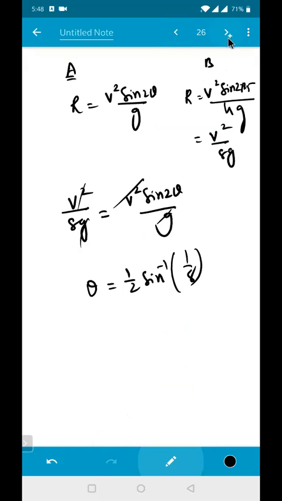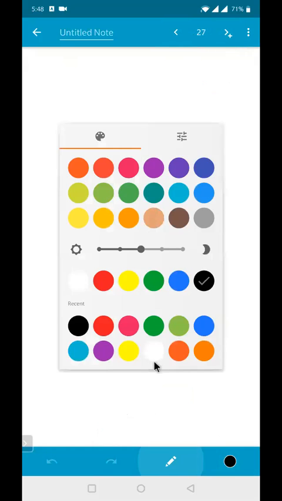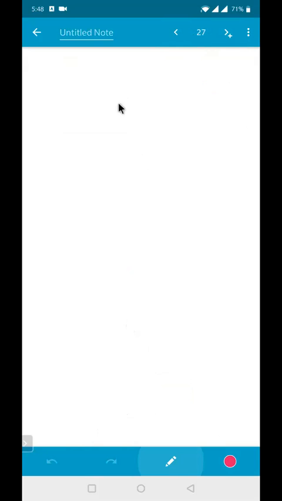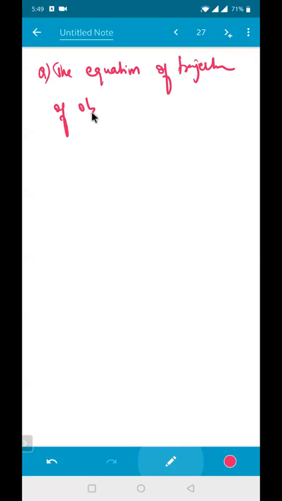Okay, sure. Give me the answer for this question. The equation of trajectory of an oblique projectile is y is equal to x minus 1 by 2 into x square.